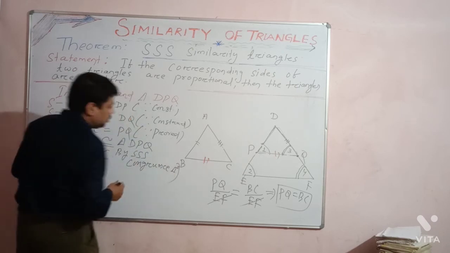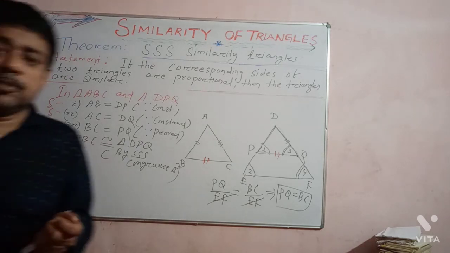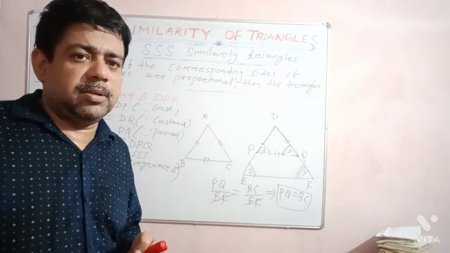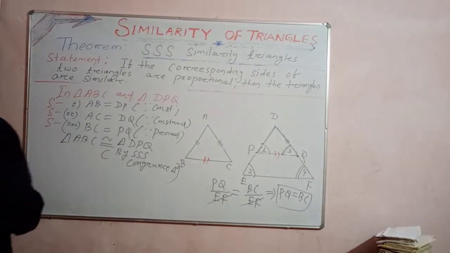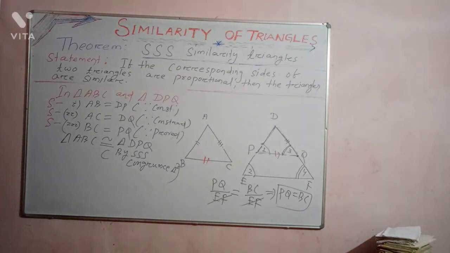Yes or no? Understand? So you know that if the two triangles are congruent, their corresponding sides are equal. Yes or no?